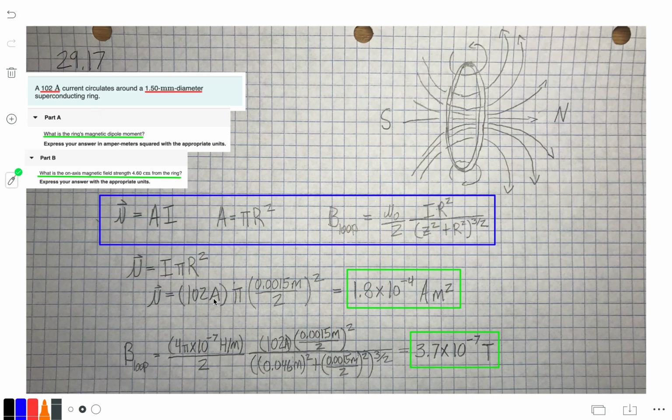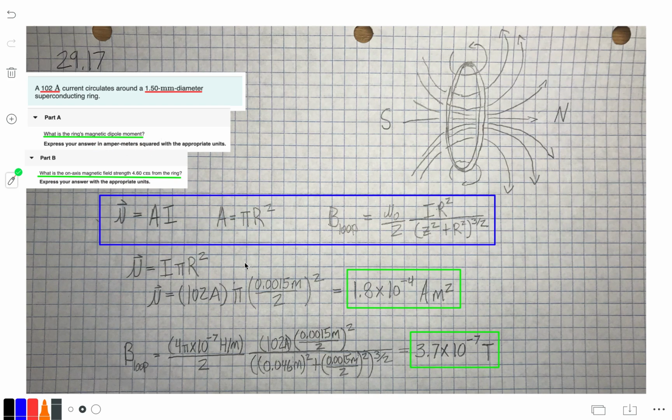So we can just go ahead and plug straight in. We're going to have to convert millimeters to meters, but once we do this, we can get the magnetic dipole moment in ampere meters squared as the problem asks.